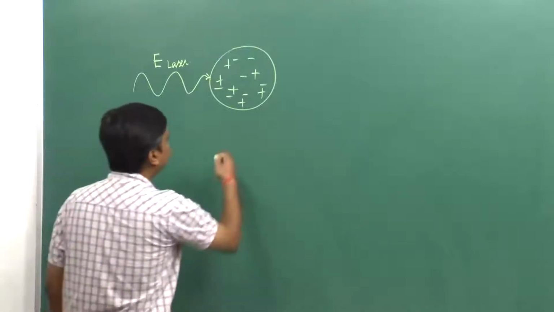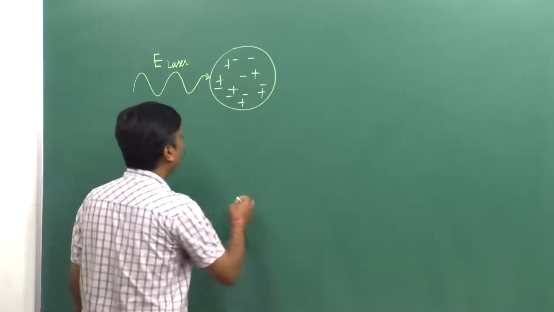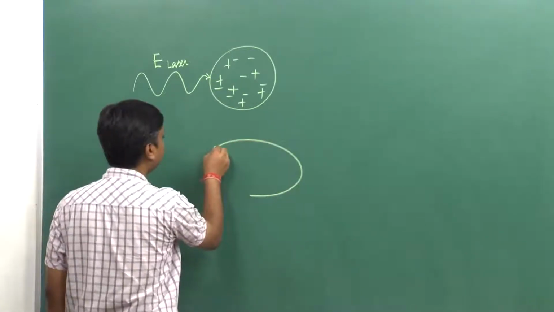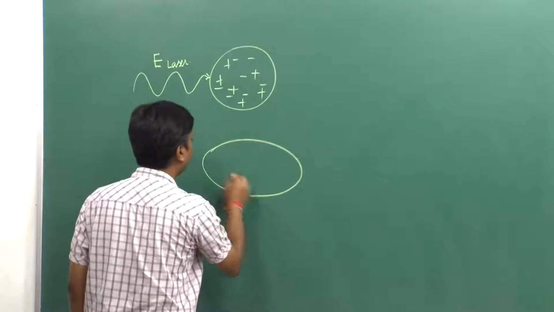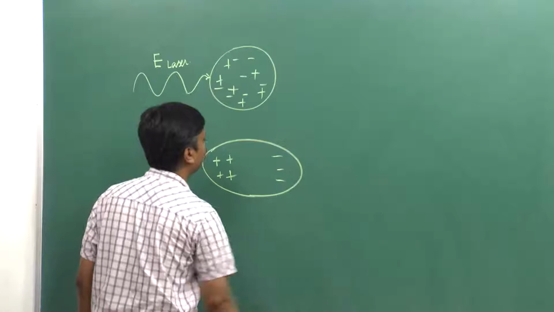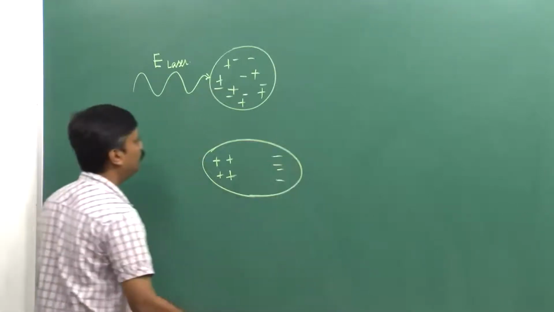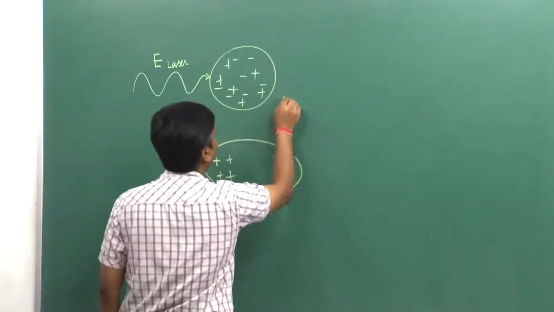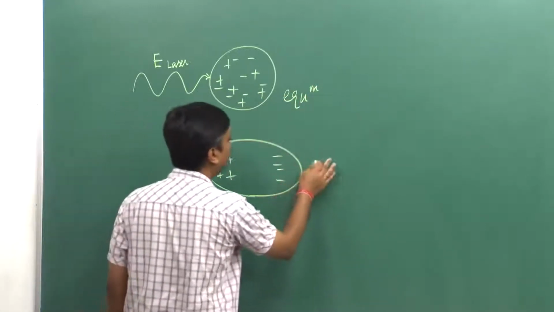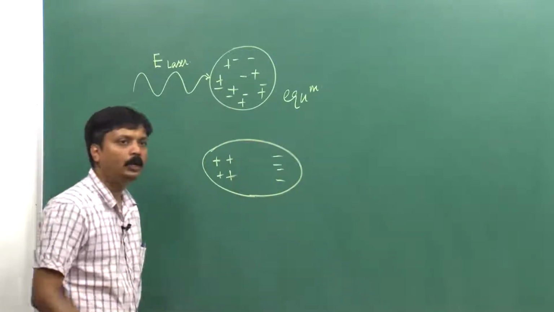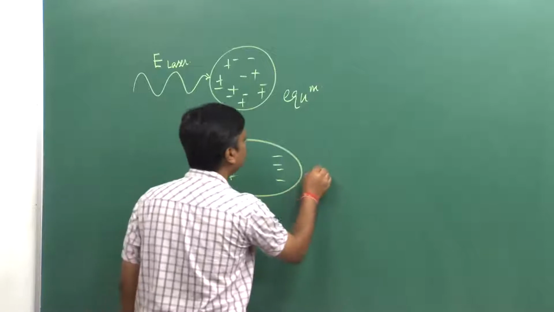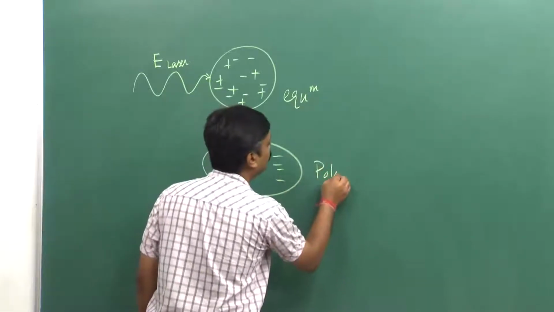I can show it by a cartoon where I distort this charge distribution like this. This is the random, equilibrium situation, and this is a non-equilibrium, distorted condition of the charge distribution, and this is polarized.